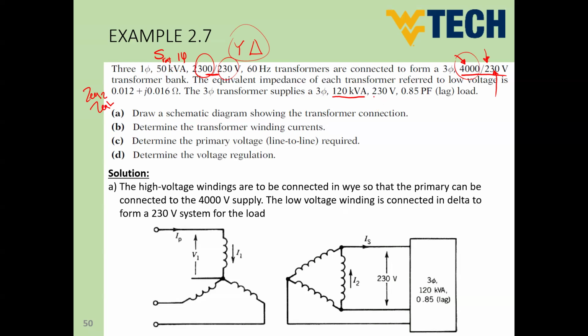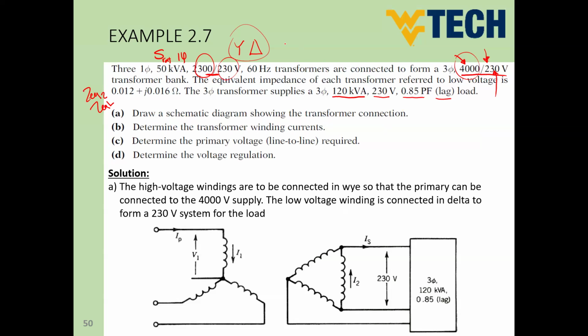The load volt is 230. For sure, it's the same as the secondary volt of our transformer. And the power factor is given as 0.85 lagging. What do we need to calculate here? Firstly, draw a schematic diagram showing the transformer connection.